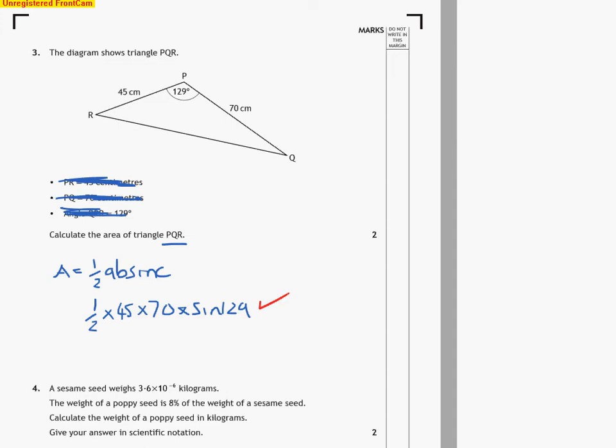Next mark would come with doing that properly on your calculator, and remembering your units. So if we put this in the calculator, we're going to get 1, 2, 2, we'll just round it to 4, and that'll be in centimeters squared.